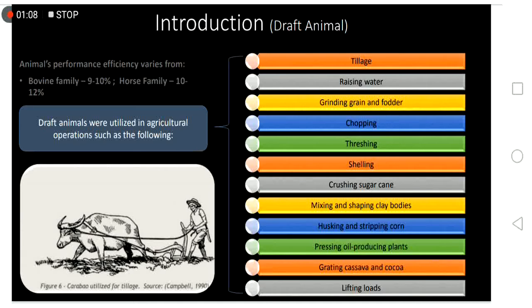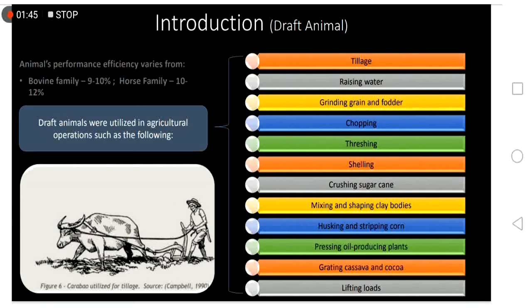Let us now review some utilization of draft animals in agricultural operations. First, we have tillage. Of course, as you can see, mostly we use draft animals during tillage. They have an implement on their back wherein they pull the implement to drag and till the land.